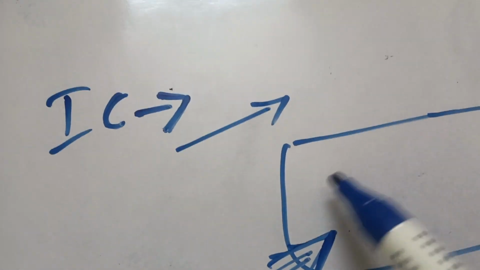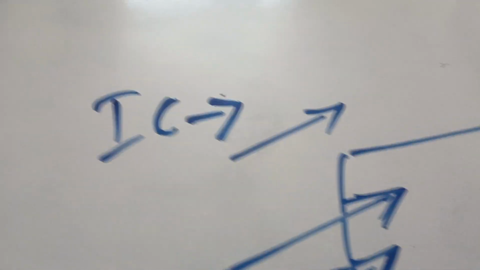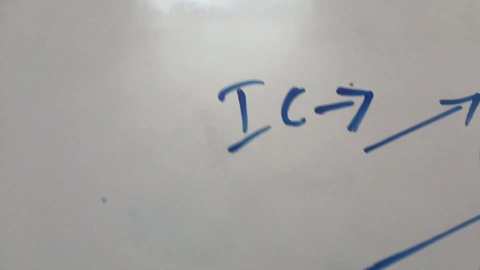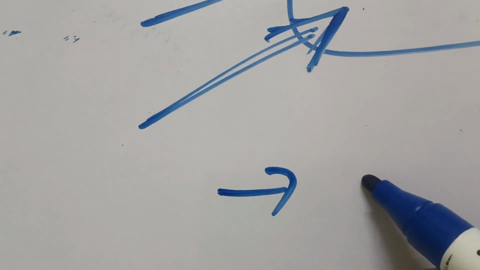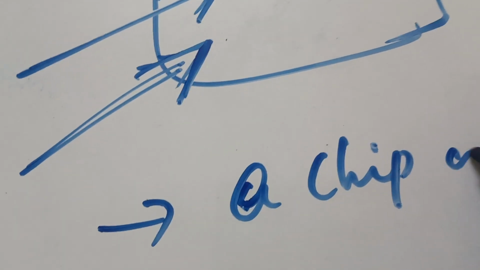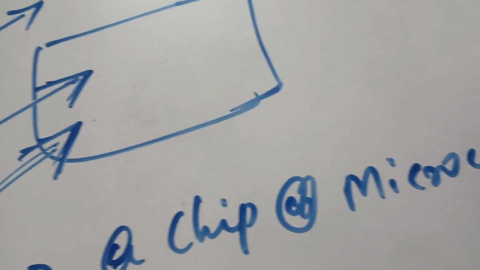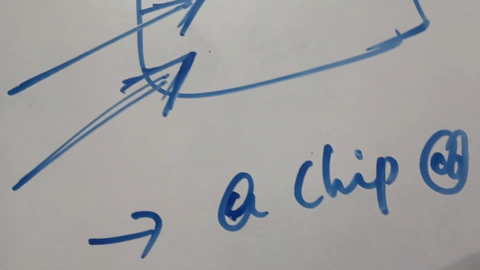The chip is made up of silicon. The IC is also called a chip or microchip.